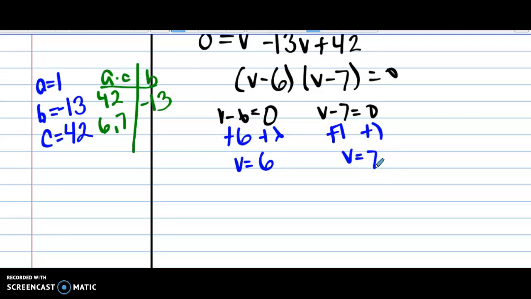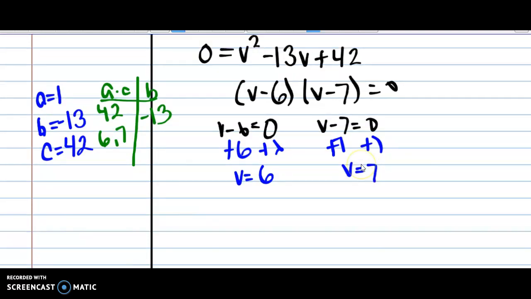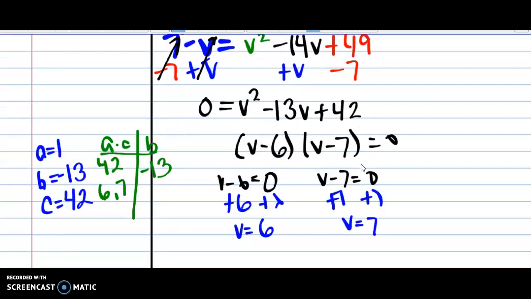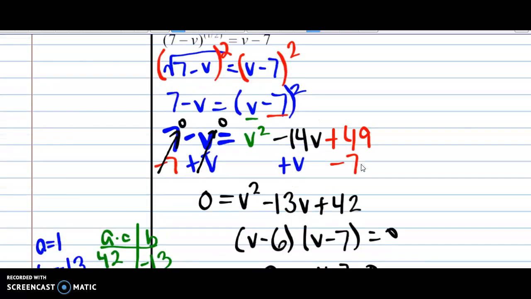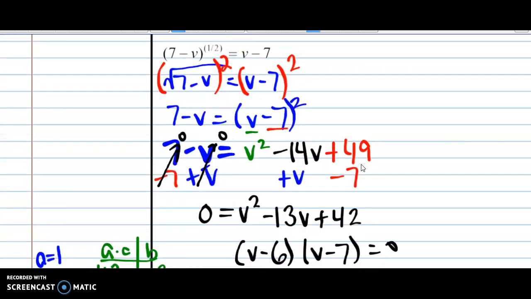Now we have to check whether these are both solutions, or if one or neither of them are extraneous solutions. We replace. Let's replace the 6 first back into our original equation. We have the square root of 7 minus 6 is equal to 6 minus 7.